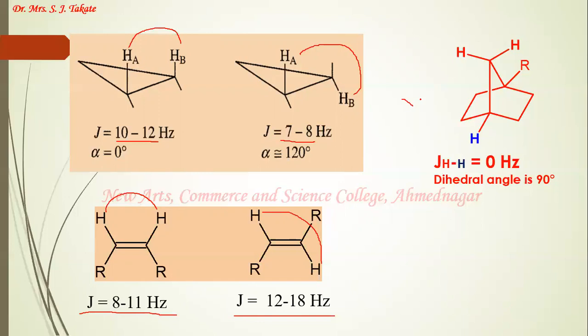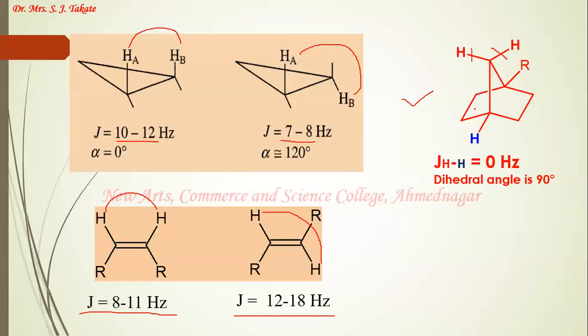Let us take this very interesting example where a rigid bicyclic system is there. The hydrogen present at the bridgehead carbon atom does not show coupling with these two hydrogens present on the adjacent carbon atom. So these are vicinal neighbors, but still there is no coupling between those two protons present on the methylene carbon atom and the bridgehead hydrogen.